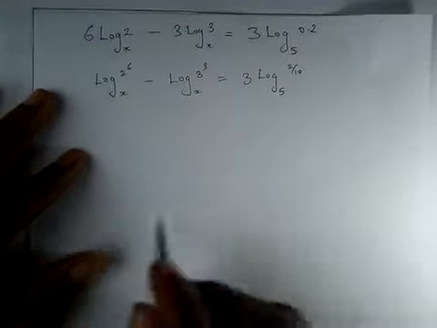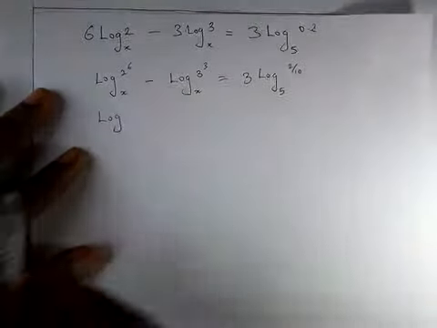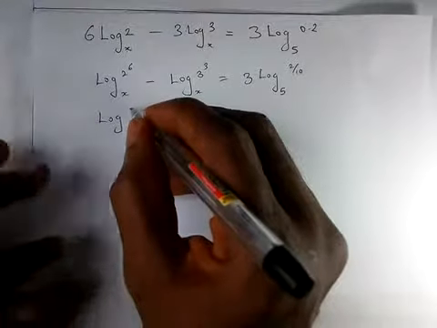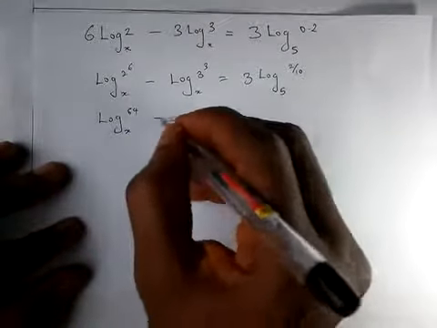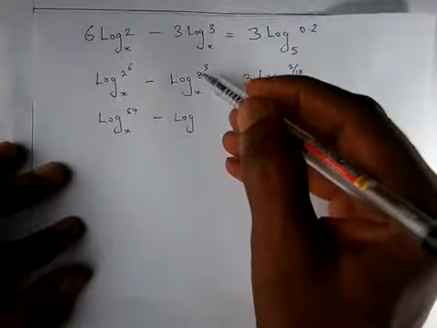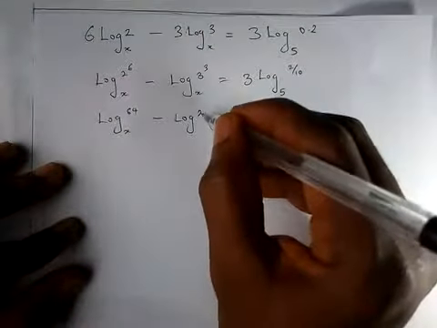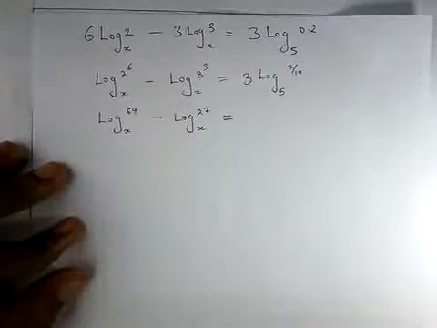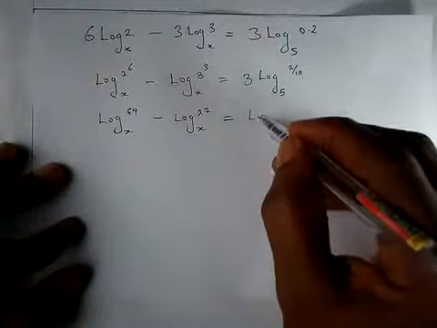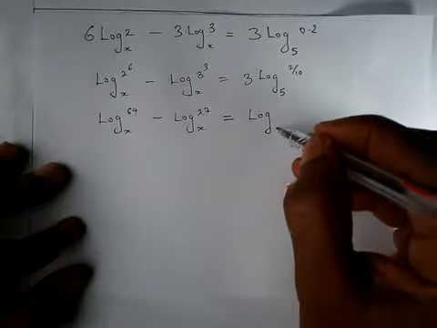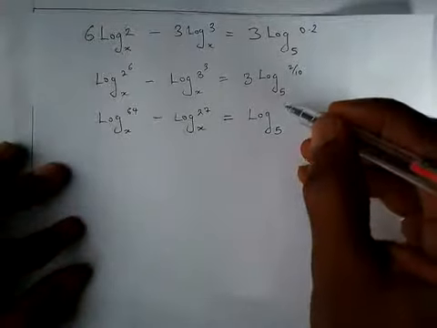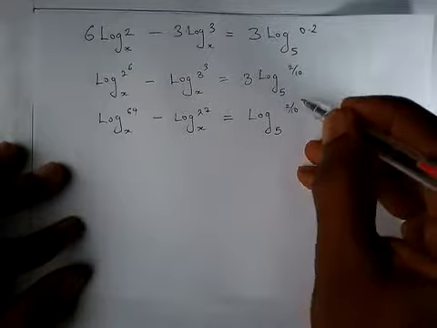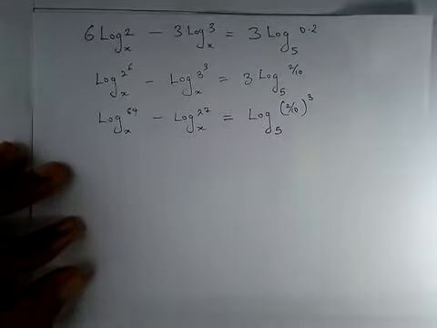Okay, so this is log 64 to base s minus log 3 times 3 and 9 times 3, 27 to base s is equal to log to base 5 of 2 over 10 raised to power 3.